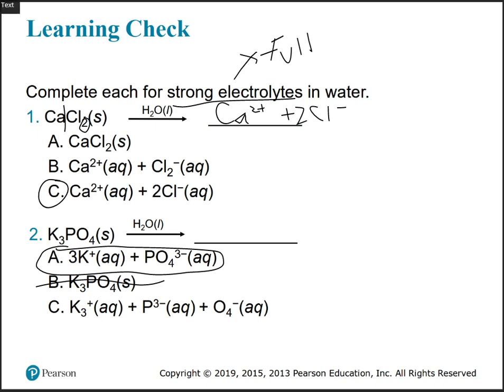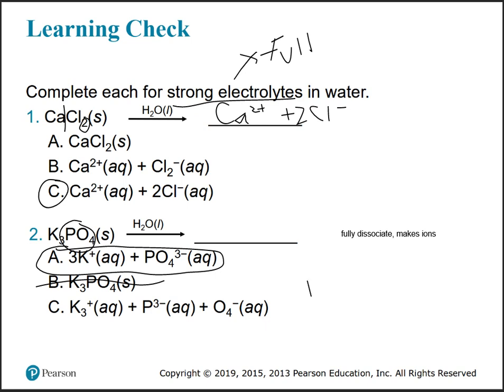I'm going to start typing here. So PO4, this is actually a polyatomic ion.